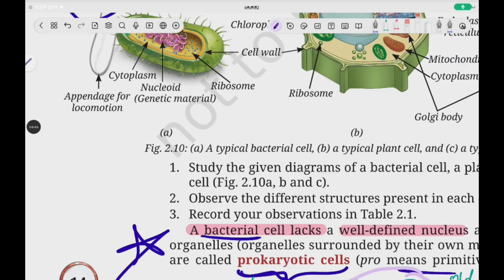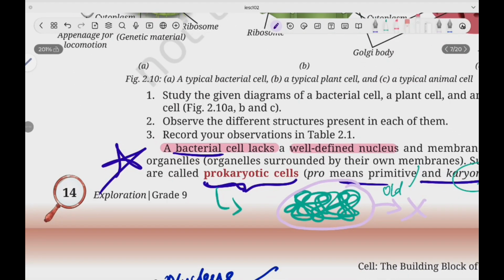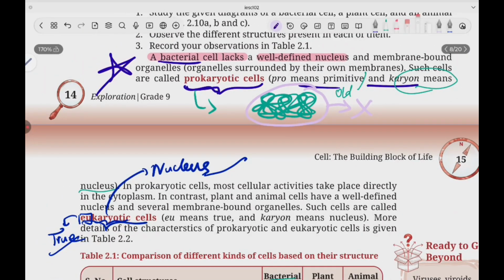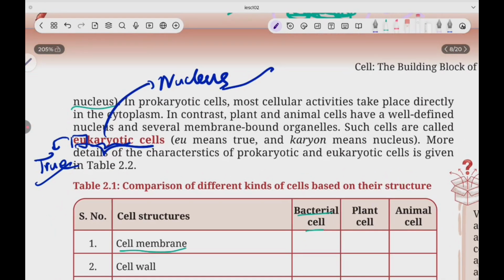Also the nuclear membrane: the nucleus does not have a nuclear membrane. The genetic material, the DNA actually, is freely suspended. It is not protected by any layer. In a prokaryotic cell, most cellular activity takes place directly in the cytoplasm.